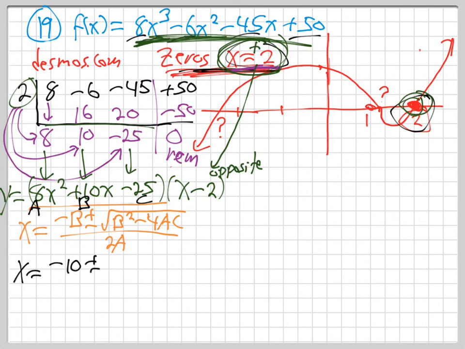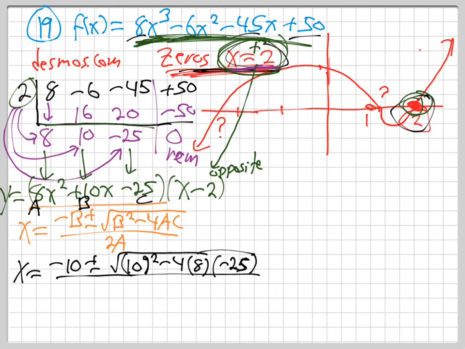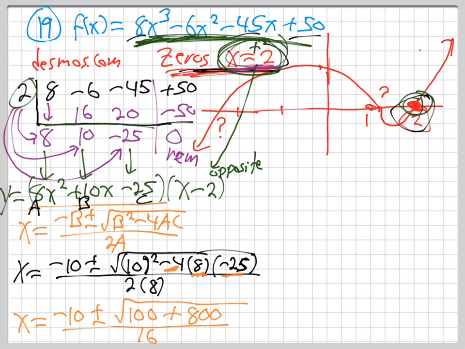Negative b, negative 10 plus or minus the square root of b squared minus 4 times a times c, all over 2a. Okay, so what do we have there? Negative 10 plus or minus the square root of 100. Negative times positive times 2 negatives is positive 800 all over 16.